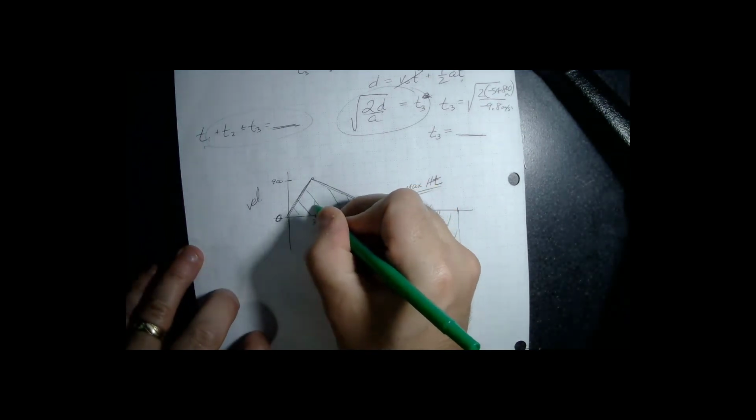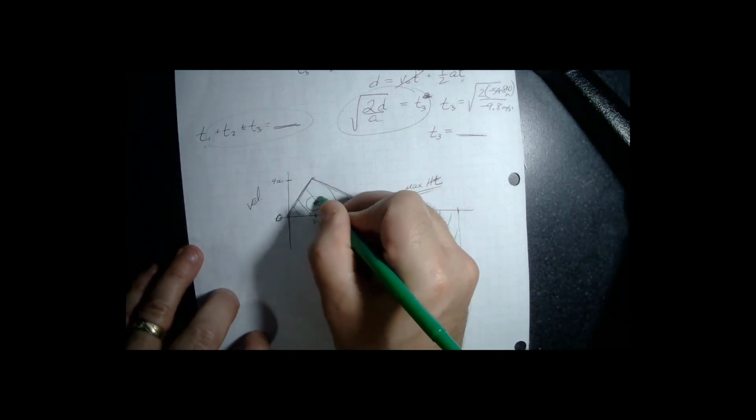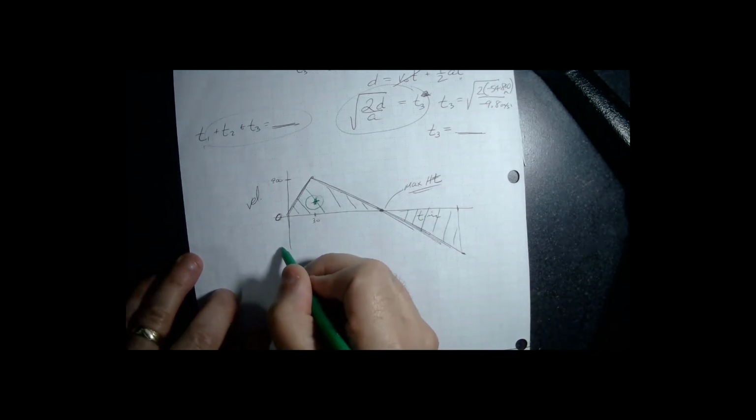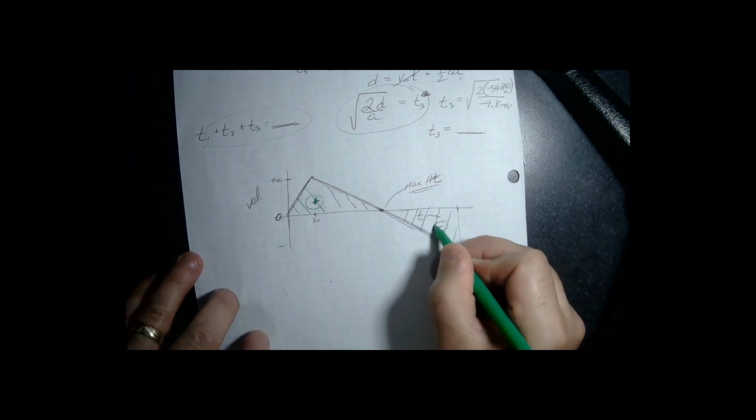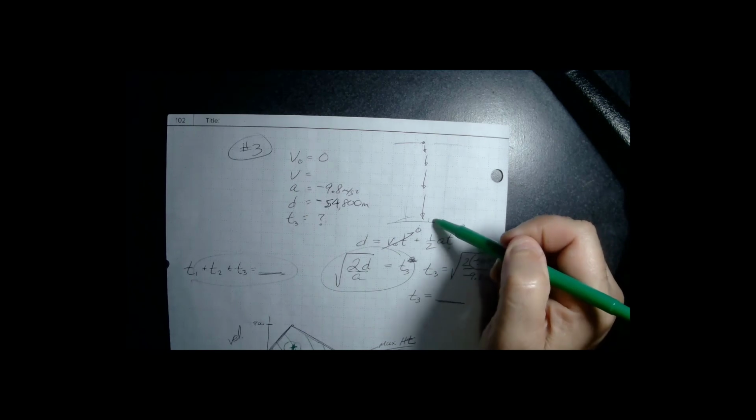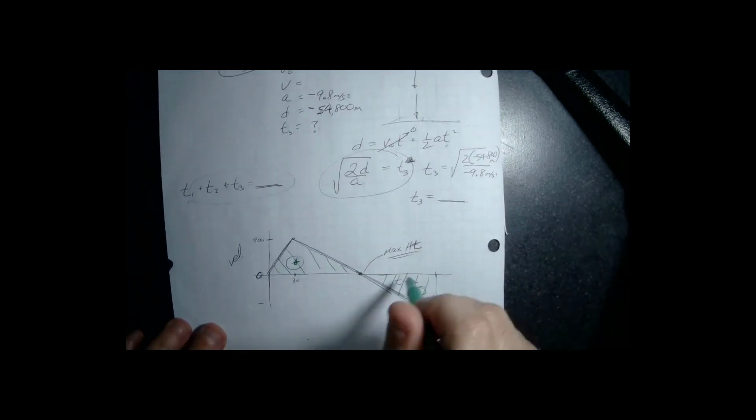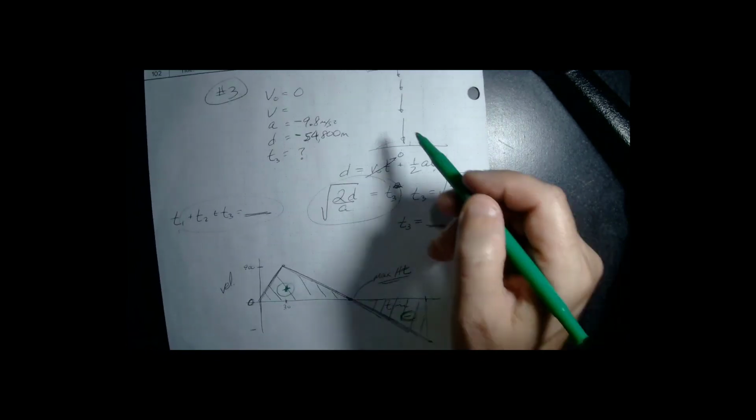You've got positive displacement here, positive area here. You've got negative velocities over here, so you have a negative displacement, which makes sense because it's on its way down. Those two areas should be equal. Whatever displacement you made on the way up, you returned all of it on the way back down. You just went straight up and straight back down to the same spot.